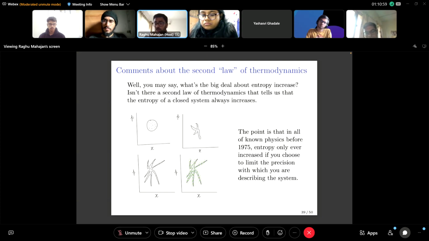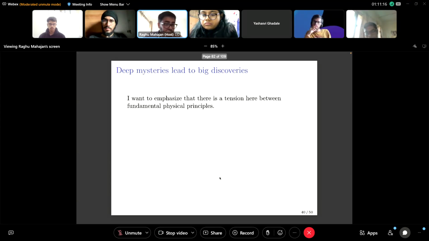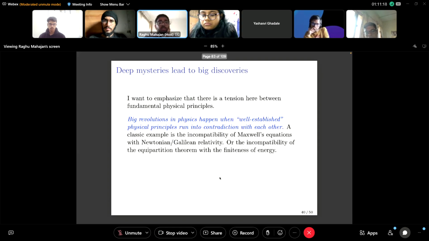It is somewhat a coarse-grained entropy which increases. The actual underlying state of the system does not become very random. Okay, so that's why it's a problem. Anyway, there's a tension between fundamental physical principles here, and big revolutions in physics happen when well-established principles run into contradiction with each other.